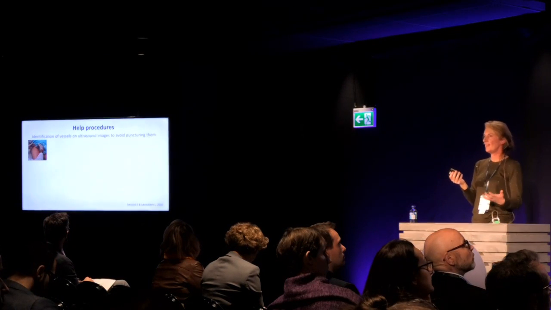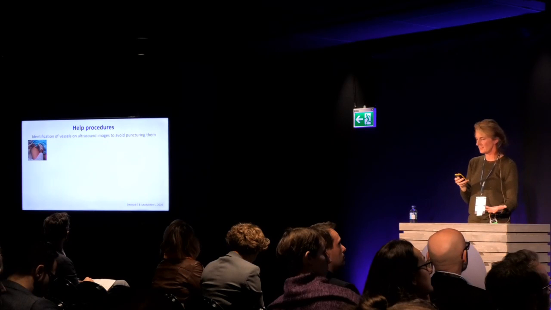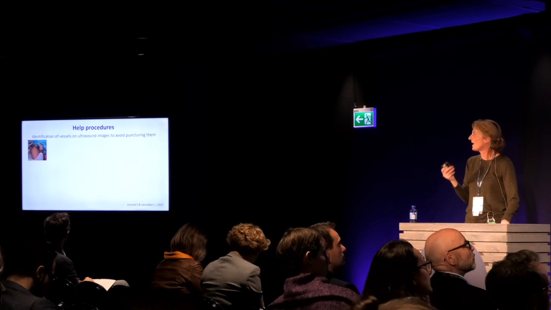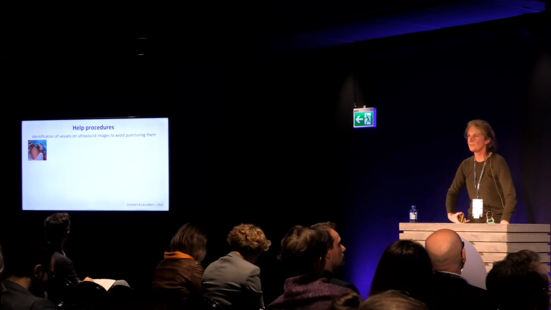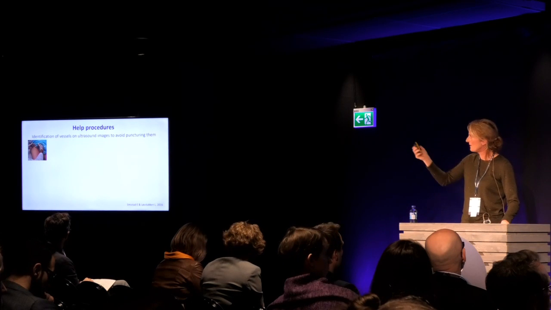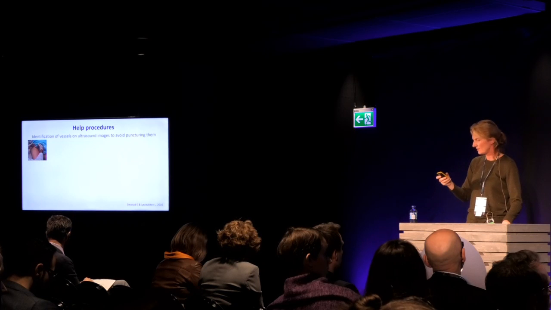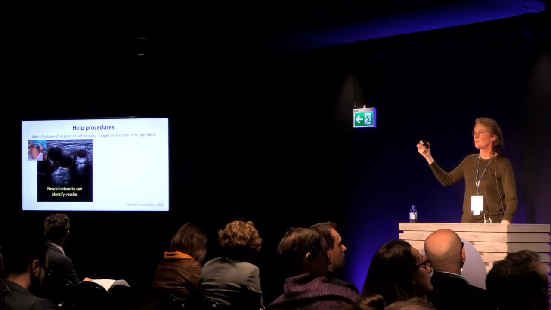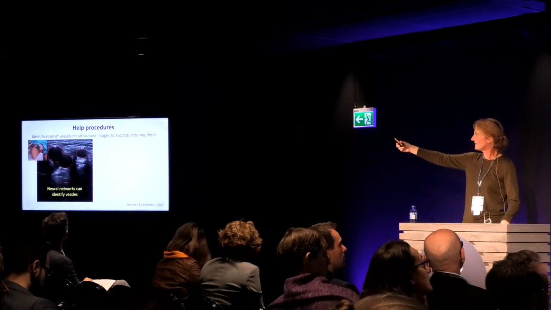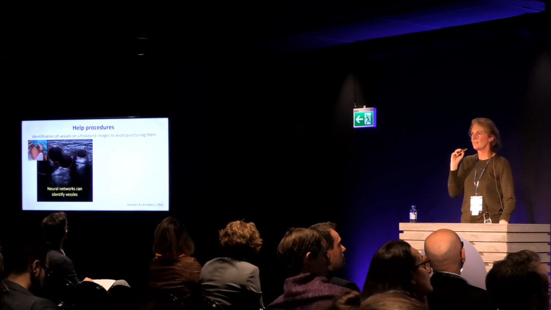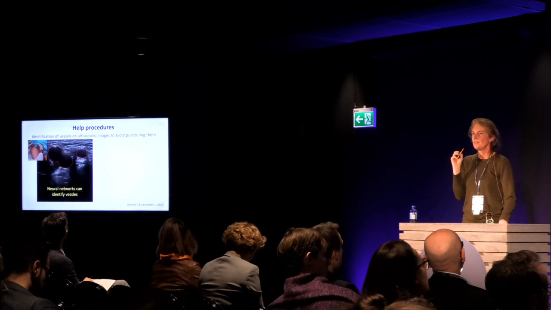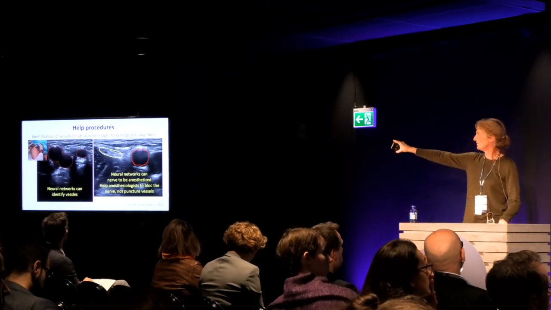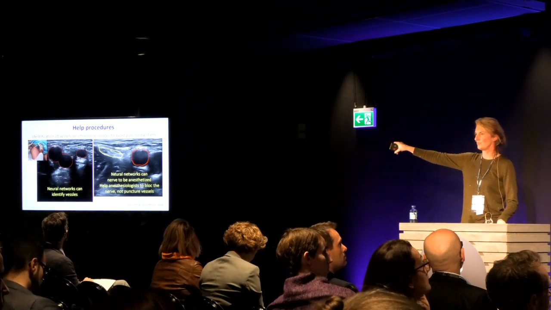But we can also use AI to help procedures. This is an example from ultrasound guidance of blocking the nerve down your leg. So you have the ultrasound probe here in the groin, and the software recognizes where the vessels are, because anesthesiologists don't want to inject into the vessel. They want to inject into the yellow nerve there.